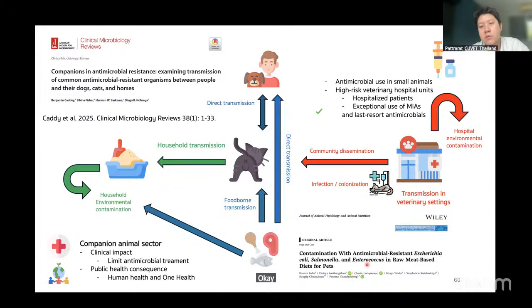This can also be a new pathway of bacteria from livestock to pets and also to humans. So AMR bacteria are considered a One Health issue because of the spread of the strains and also of the antimicrobial resistance genes on plasmids.